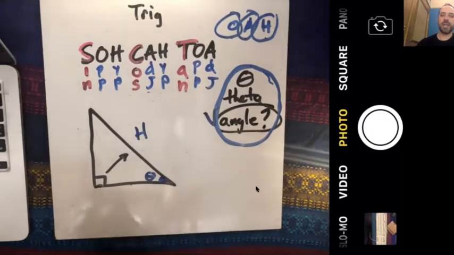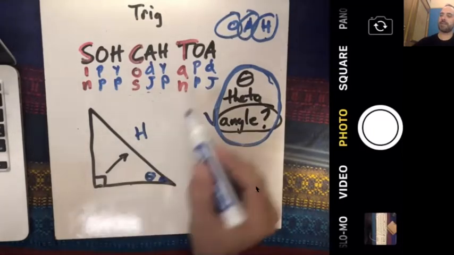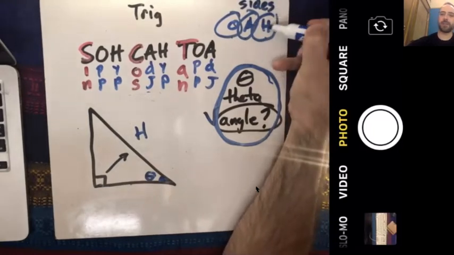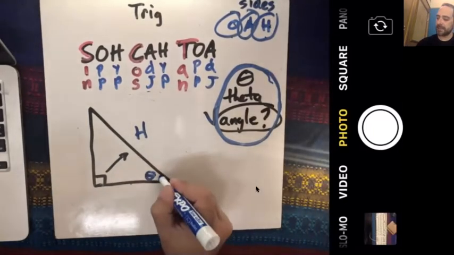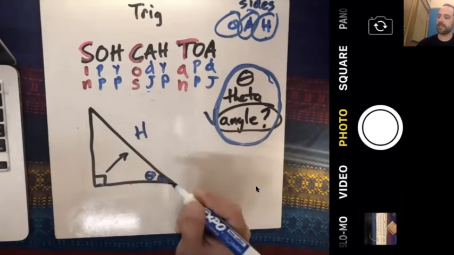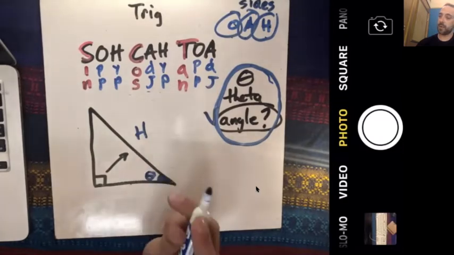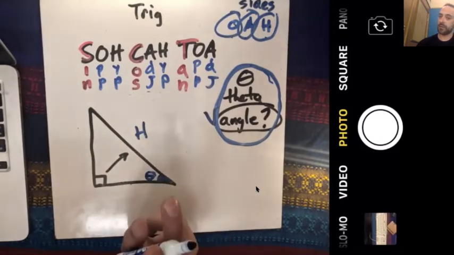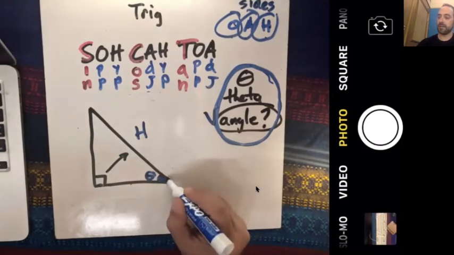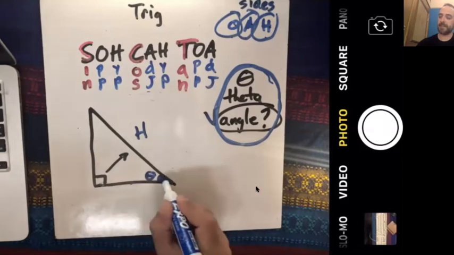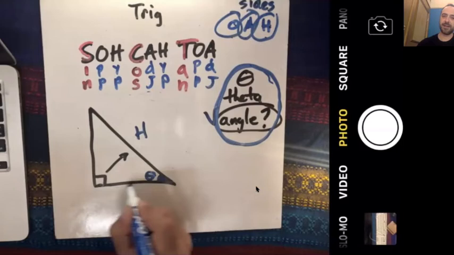Because we're talking about sides, all the sides are opposite, adjacent, or hypotenuse. Now, which is the opposite side to this angle? And you may say, duh, it's over here. But this isn't a duh moment. This is a moment where you really got to get this 100%. Because I've seen over the years, folks will be looking at this angle and say, oh, the opposite side is this side.